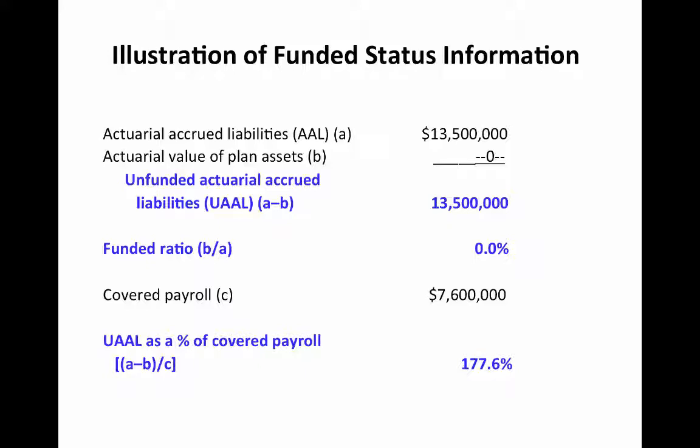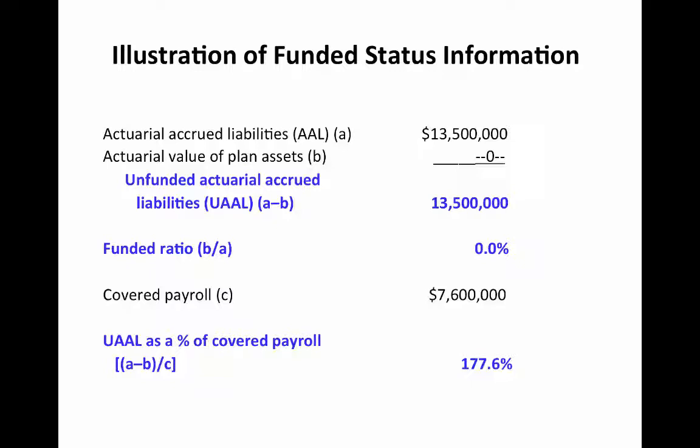But if one of these governments has an annual budget of $1 billion and the other one has an annual budget of $1 million, well, obviously a $13.5 million unfunded OPEB liability is a much bigger deal to a government with a $1 million budget than one with a $1 billion budget.